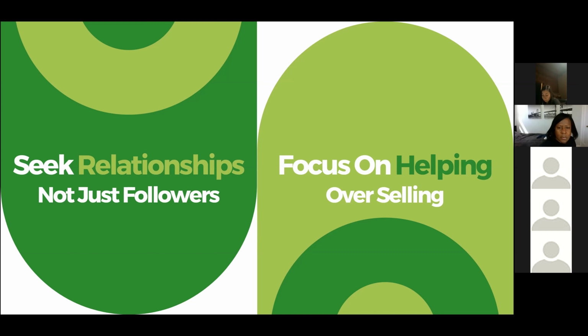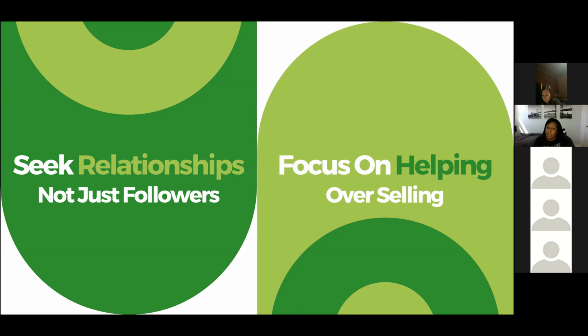The next one is focus on helping people over selling to people, right? So an example of this: always answer all your comments. Always answer any questions that people have. Actively reply to people's messages within 3 hours if you can. I know we're very busy people, but if you are seen as the person they can come to and you're always available for them on social media, right?